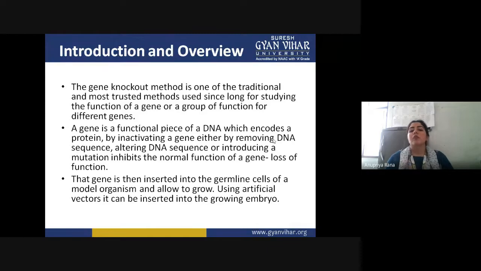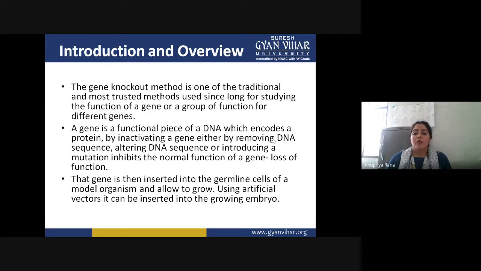When we do these kinds of mutations or variations, the normal function of the gene is lost. That loss of function, or inability to show protein formation by a specific gene, is called the process of gene knockout. The altered gene is then inserted into a germline cell of a model organism and allowed to grow.